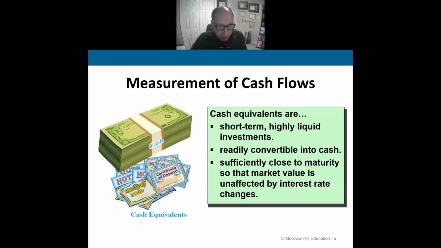Cash equivalents are things like treasury bonds, certificates of deposit, or other types of short-term investments that I can quickly convert into cash. Another example might be something like Bitcoin or some type of digital currency that I can quickly convert into cash. These are a measurement of cash flows.